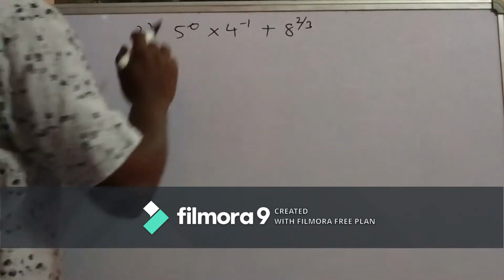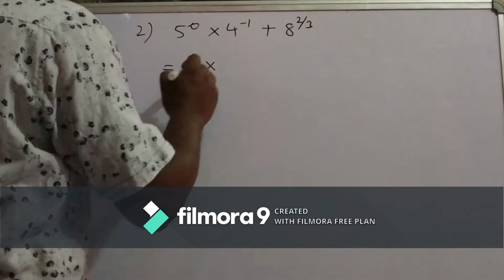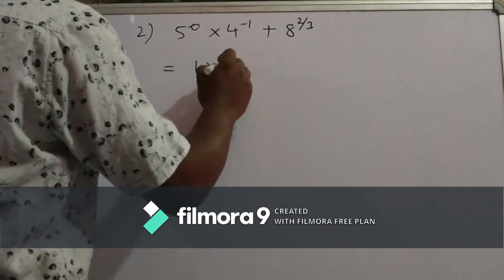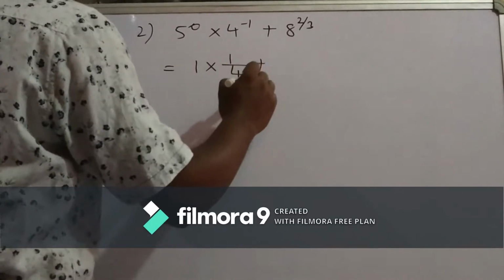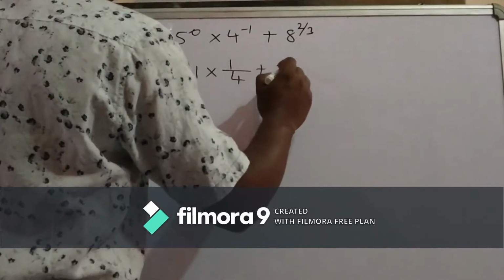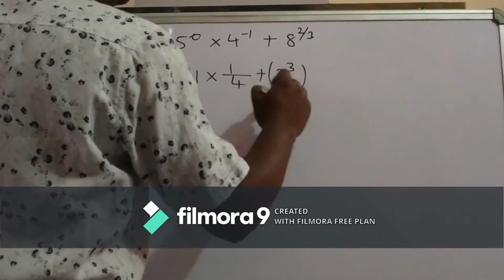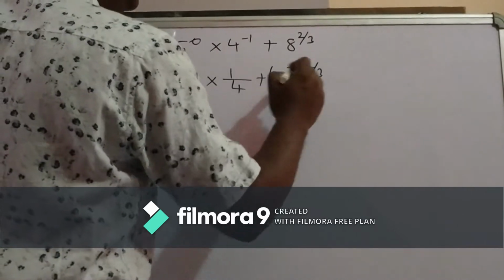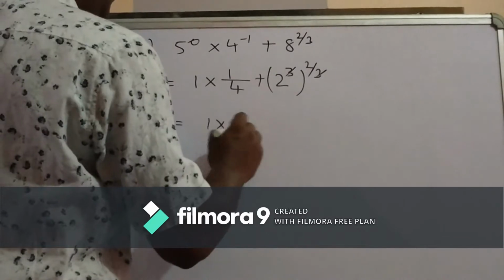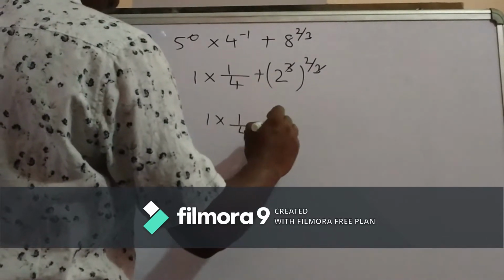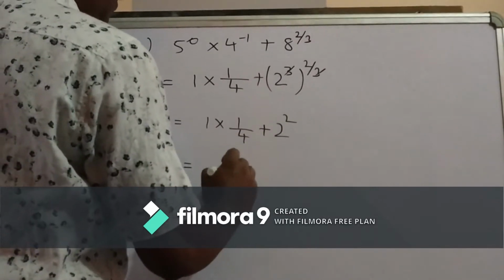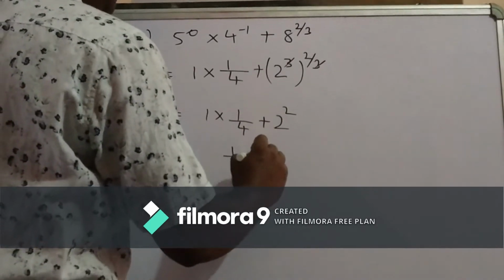You know power 0 means it becomes 1. So 1 into 4 to the power minus 1. Power is negative, so it will be the reciprocal, 1 by 4, plus 8. In power form we can write 2 to the power 3, whole to the power 2 by 3. So 3 cancels. So 1 into 1 by 4 plus 2 to the power 2. 1 into 1 by 4 is 1 by 4, plus 2 to the power 2 is 4.